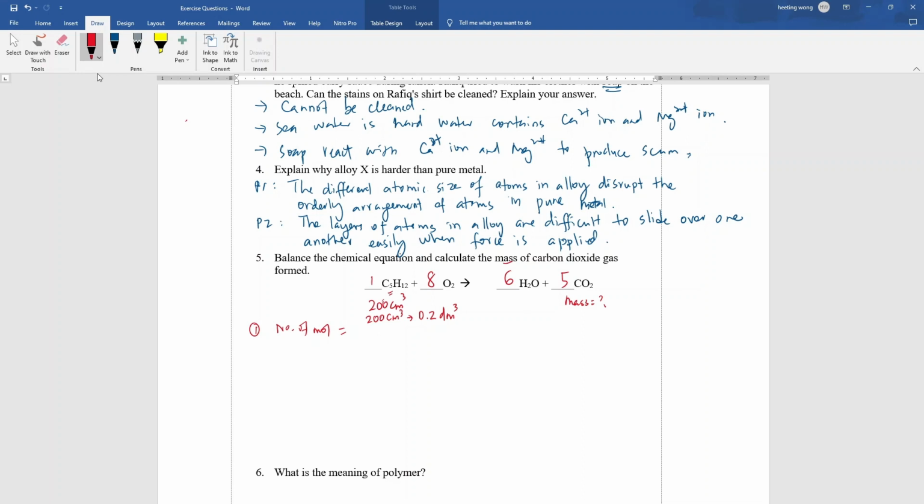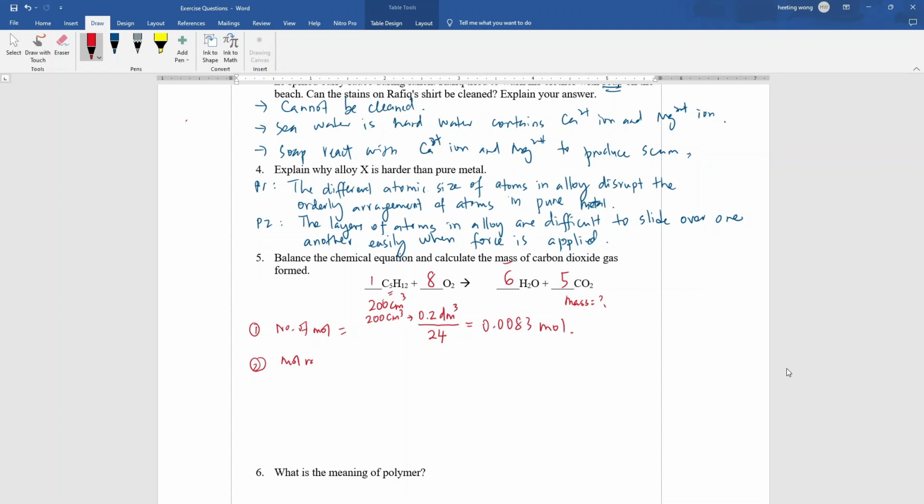Number 2 is the mole ratio. We have 1 mole of pentane, so you produce 5 mole of carbon dioxide. If here is 0.0083 mole, so how many moles of carbon dioxide? Times 5, so it will be 0.042 mole of carbon dioxide.